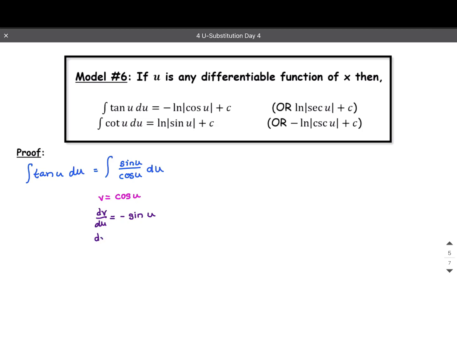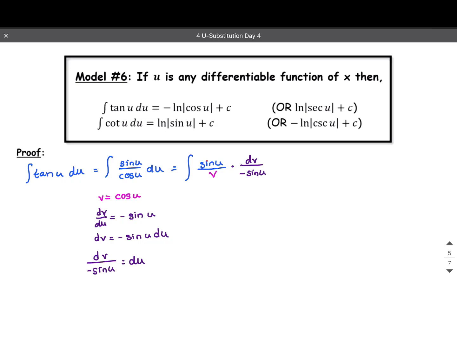Now I'm going to multiply by du, and then I'm going to divide, so I have dv over negative sine u equals du. Now I'm going to come back and I'm going to try to substitute and simplify in this integrand. So I have the integral of sine u over, now wait a minute, my cosine u is my v, times my du, which is dv over negative sine u.